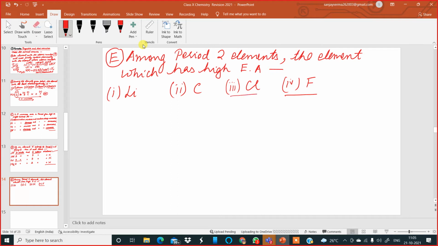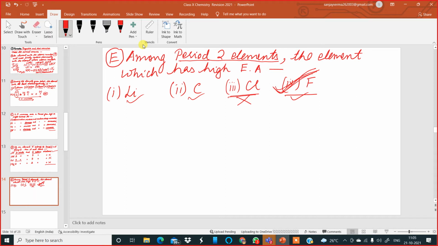Chlorine does not belong to that, no? Chlorine belongs to period 3. This is period 2, this is also period 2. We have to choose the answer from the period 2 elements. So our answer is fluorine, which has the highest electron affinity.